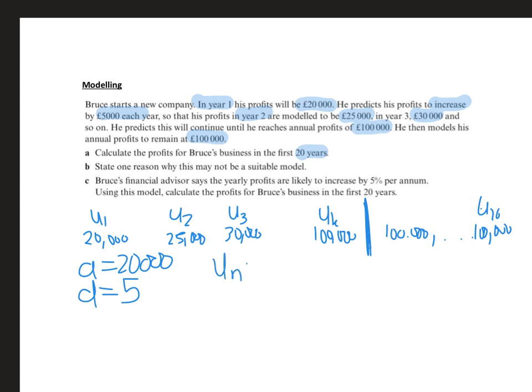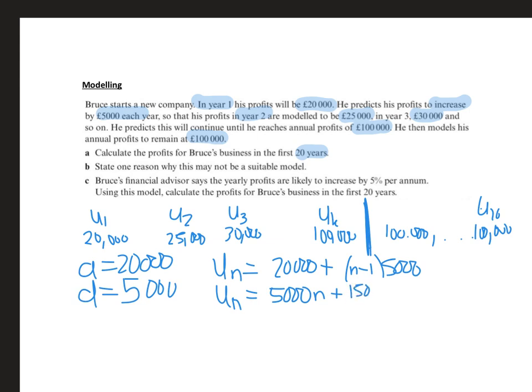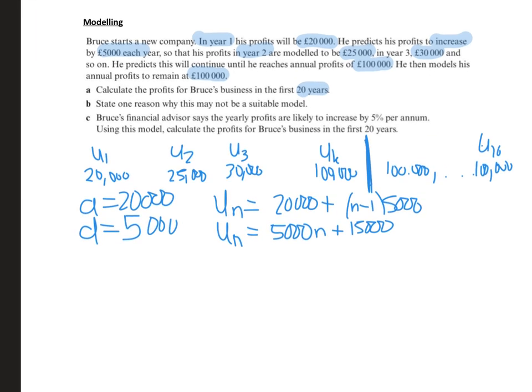So the formula to begin with is 20,000 plus n minus 1 times d, which is 5,000. If I expand and simplify that, I get 5,000n plus £15,000. That's my nth term formula. So let's see how many years it takes to get to 100,000.